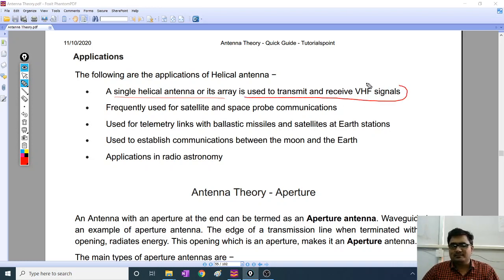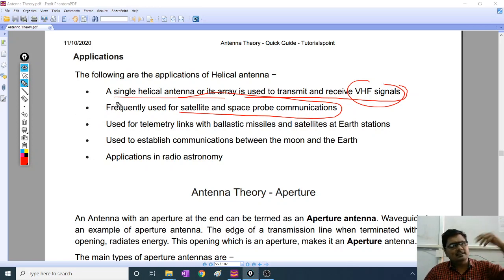So it's not really an application, they could write VHF application in a single line, but they have formed a complete scenario. Frequency used for satellite and space probe communication. So obviously those antennas are used at very high frequencies. It is suitable for any high frequency application. We can say that.